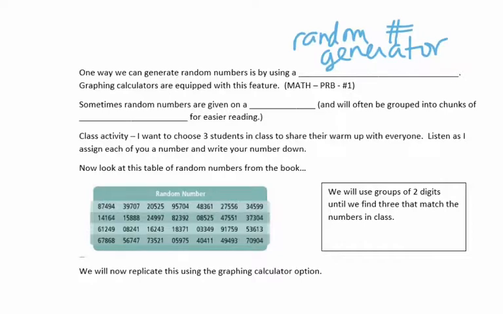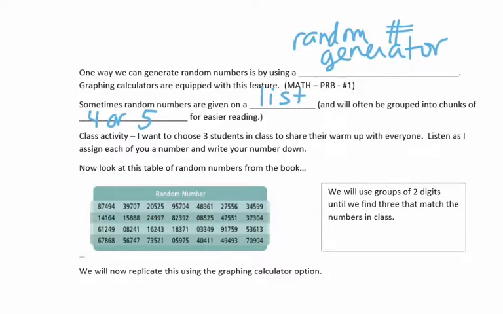Sometimes random numbers are given on a list, and they will often be grouped into chunks of 4 or 5 for easier reading. So what you see in your notes is a table of random numbers that was possibly generated electronically.